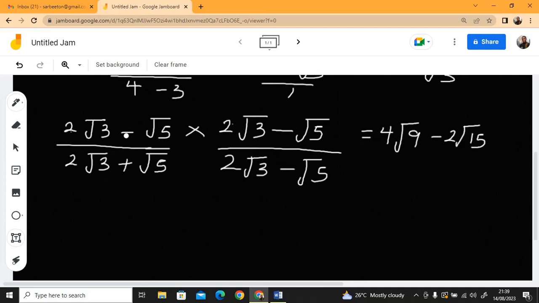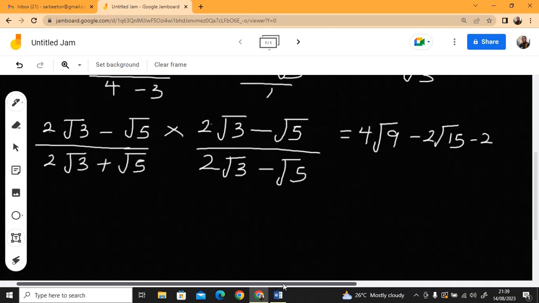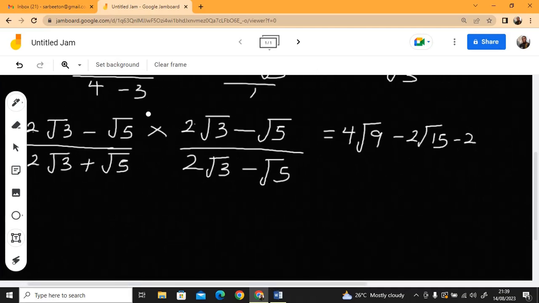And the next one, there's an invisible 1 here. Minus 1 times 2 is minus 2. Root 5 times root 3 is root 15.